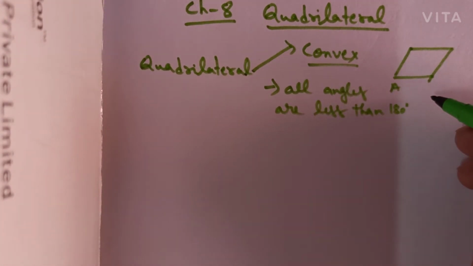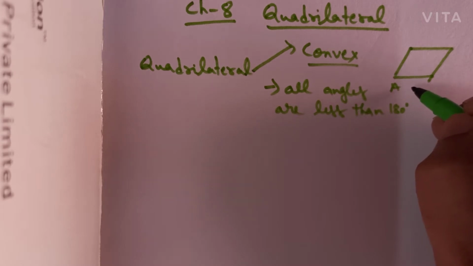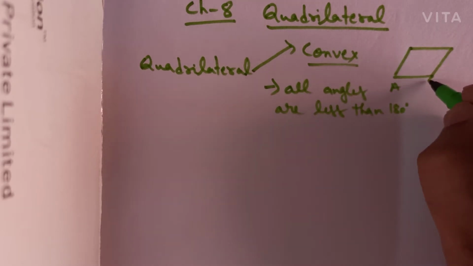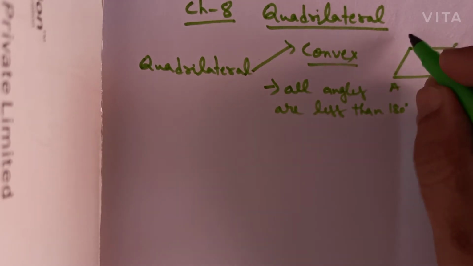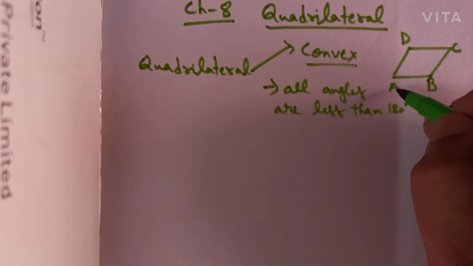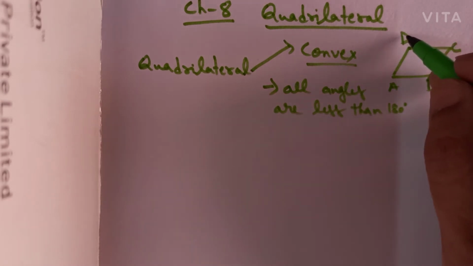One more thing to be noted here, that a quadrilateral will always be named either in the clockwise direction or in the anti-clockwise direction. Like if I am saying quadrilateral ABCD, it will be named like this: vertex A, now we are going anti-clockwise, then this will be vertex B, this will be vertex C, and this will be vertex D. Vertex A and vertex B should be adjacent vertices, B and C should be adjacent vertices, and C and D should be adjacent vertices.